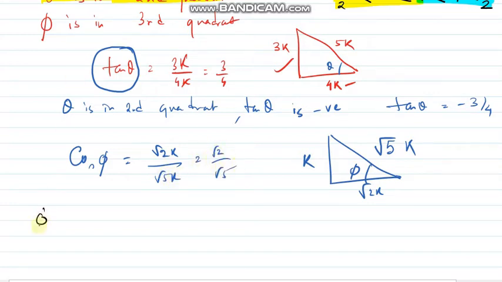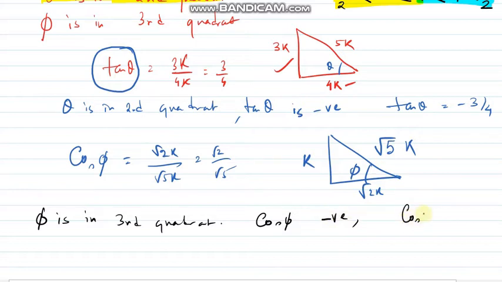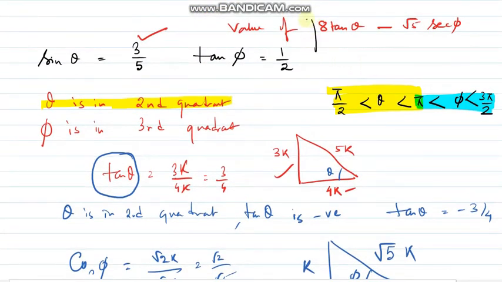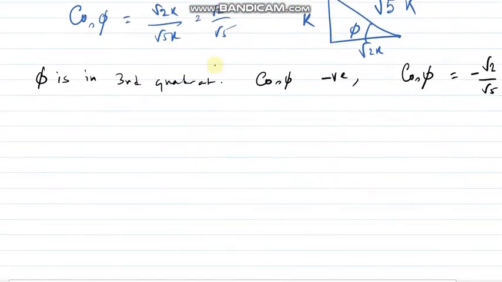But phi is in which quadrant? Phi is in third quadrant. So we know in third quadrant cos phi will be negative. So the value of cos phi will be minus root 2 divided by root 5, right? Now I want to use this value in this expression, 8 tan theta minus root 5 sec phi.